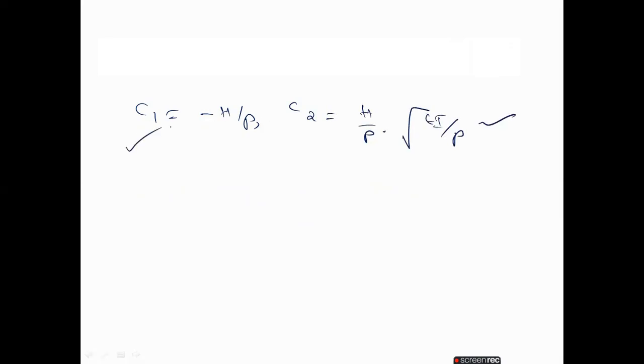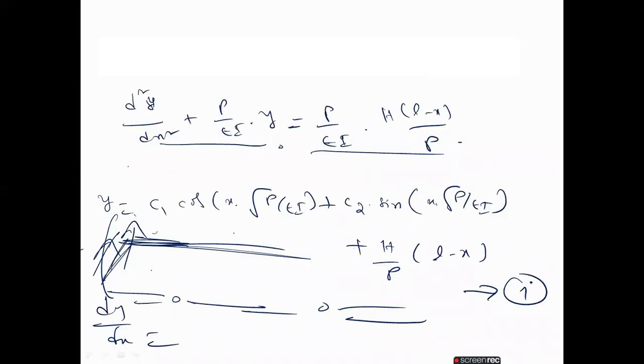Now substitute these constants into equation 1. We have one equation, I will show you again. So this is the equation. Now substitute this C1 and C2 in this equation.